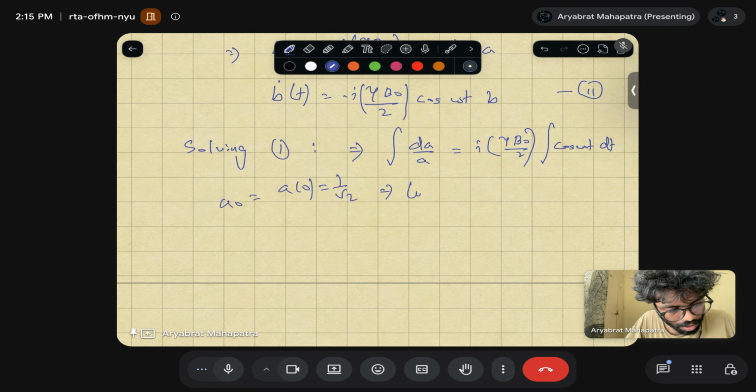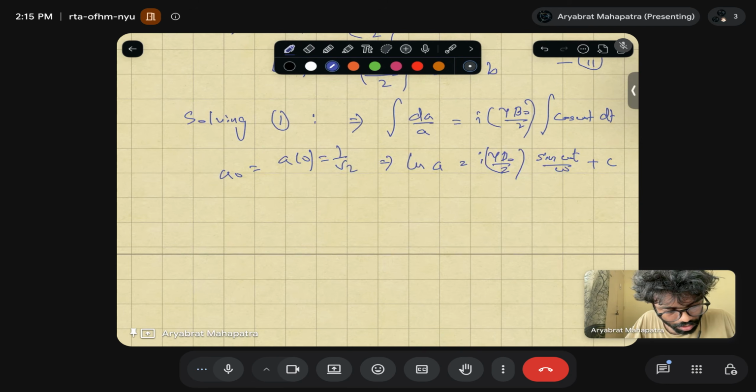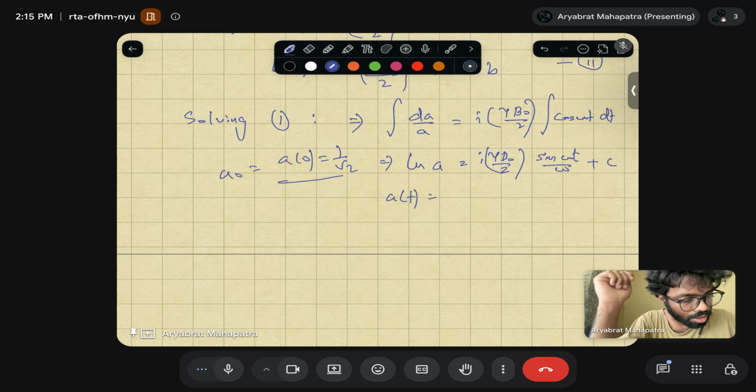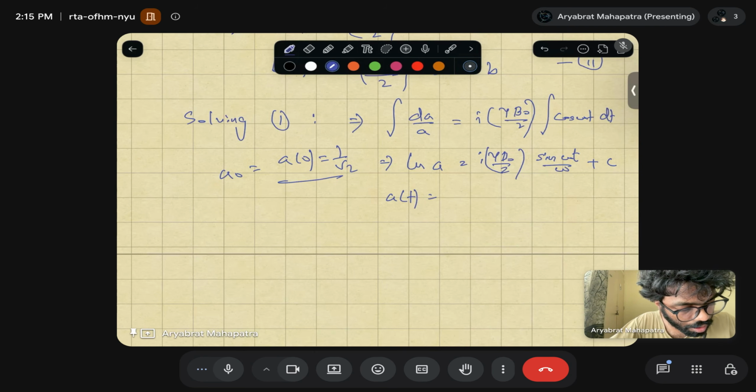So here you have log of a equals i gamma B naught by 2 as the overall factor, and the integral of cos omega t is sine of omega t over omega, plus an integration constant. Using the initial condition, c equals ln of 1 over square root 2.